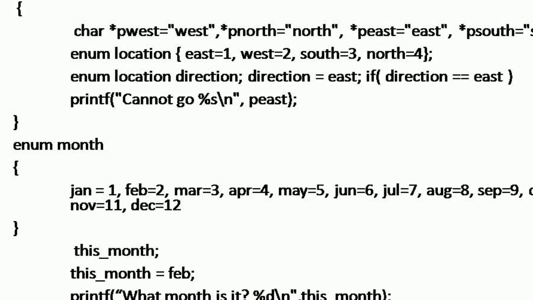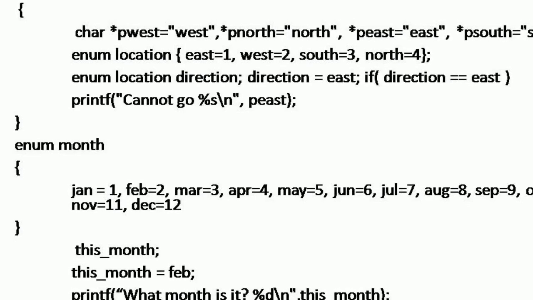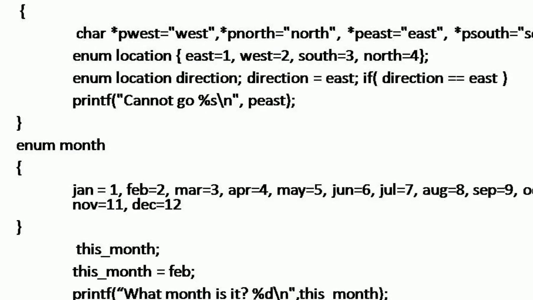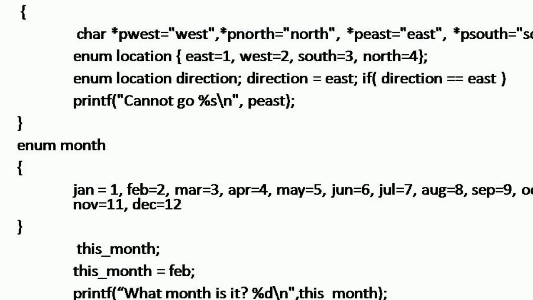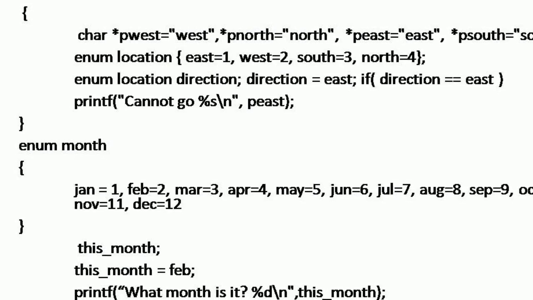After the equal sign, every string is in between double quotation marks. enum location, east is equal to 1, west is equal to 2, south is equal to 3, north is equal to 4. Curly braces closed, ended with a semicolon.